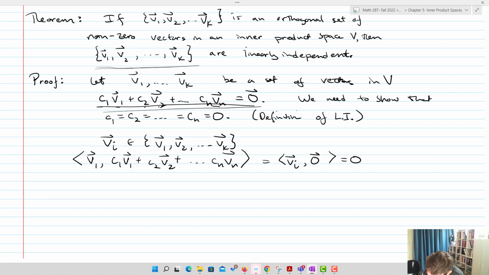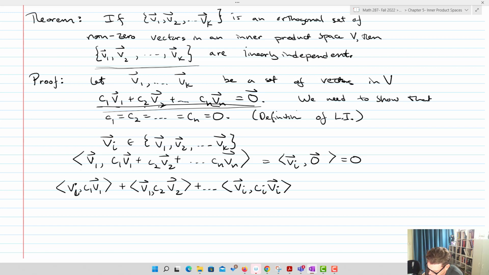I'm going to break this up: vi dotted with c1v1, plus vi dotted with c2v2, plus ... and without loss of generality, somewhere in there we'll have vi dotted with civi, the vi vector will be in there somewhere, and then eventually plus vi dotted with cnvn. That's just because we can distribute. And remember, this is all going to equal 0.